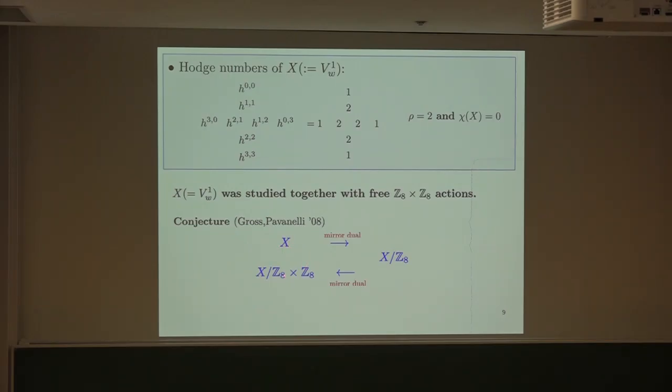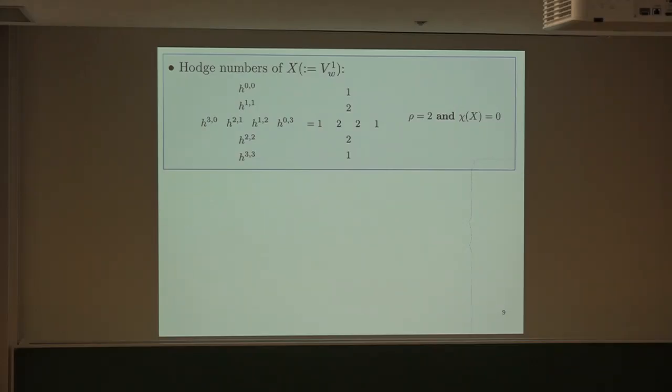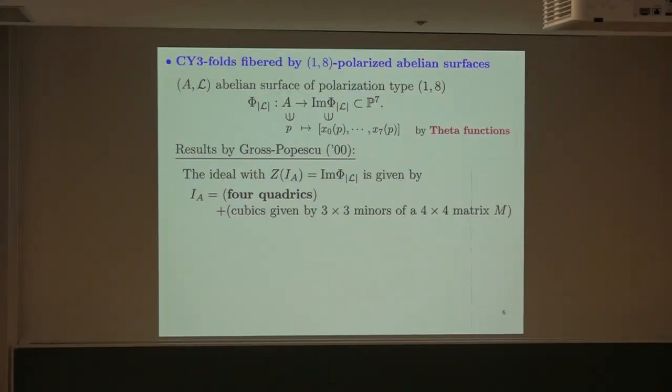This has non-trivial pi1. How are these two related? The answer is that this quotient, from now I will describe why, because Z8 cross Z8 appeared here already.